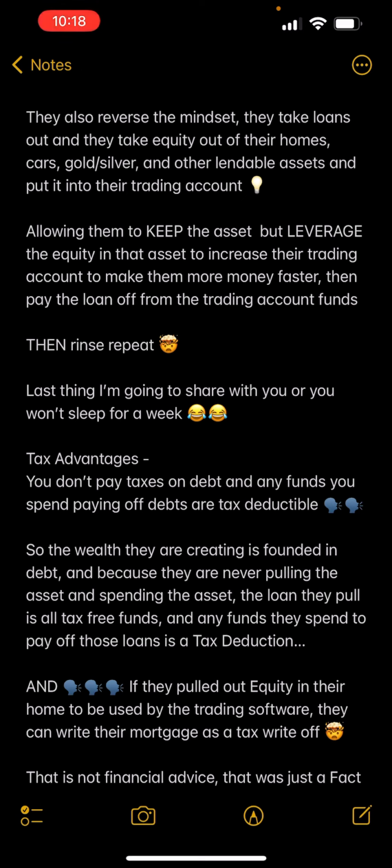Then, after they've built the equity back up into those assets, rinse and repeat the process to increase their wealth further, increase their passive income monthly further, and ultimately increase the amount of assets they have further, allowing them to buy more, and then rinse and repeat the process with that asset as well.